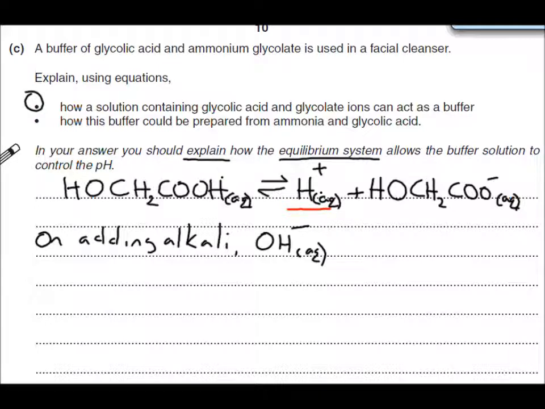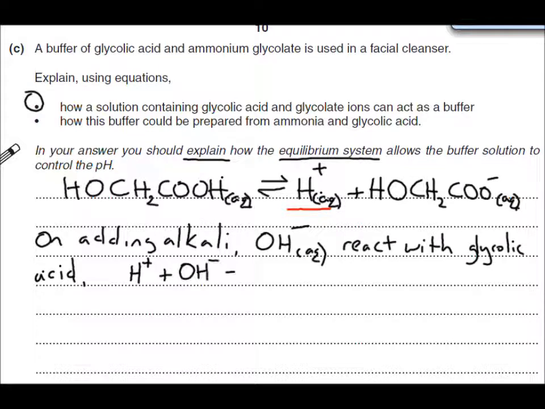So on adding an alkali, the OH minus ions react with the weak acid, which in this case is glycolic acid, and we can represent that by the equation of H plus ions plus OH minus ions reacting together to form water. So adding alkali, OH minus ions, will remove the H plus ions in the equilibrium system.